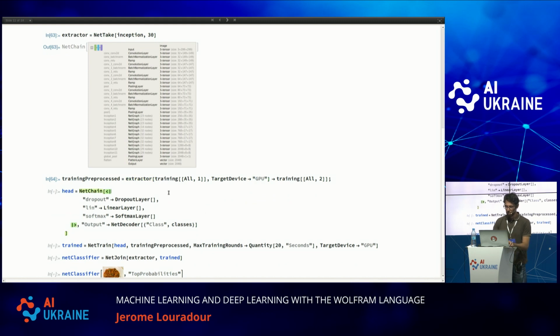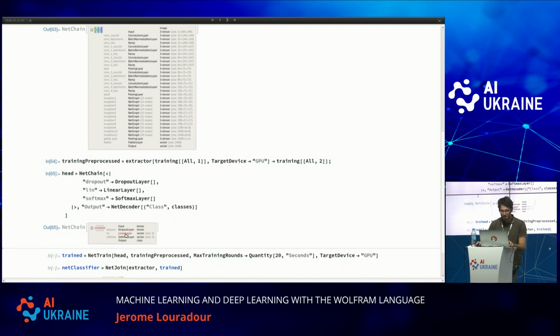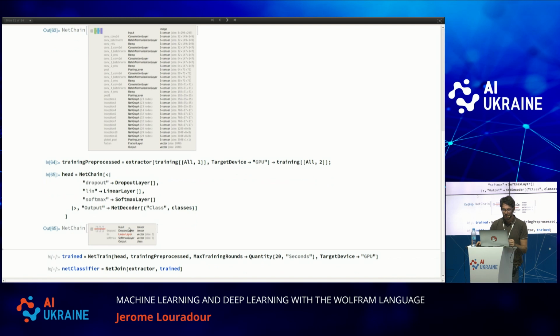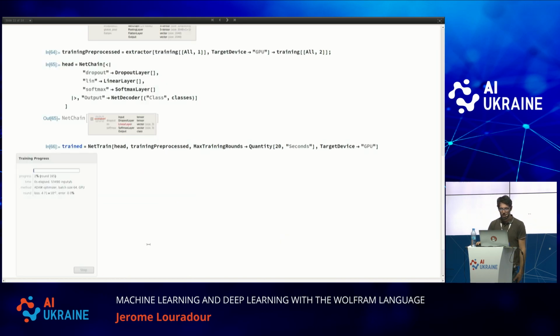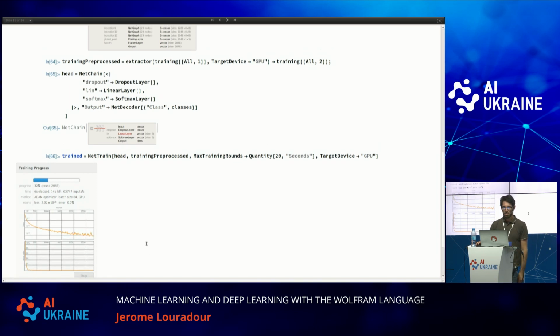Now I construct another network, which is going to be the head of the network. It just has a dropout, a linear layer and the softmax on top to have some probabilities. And then I can train this small network on my pre-processed data, which is the output of the cut Inception network.